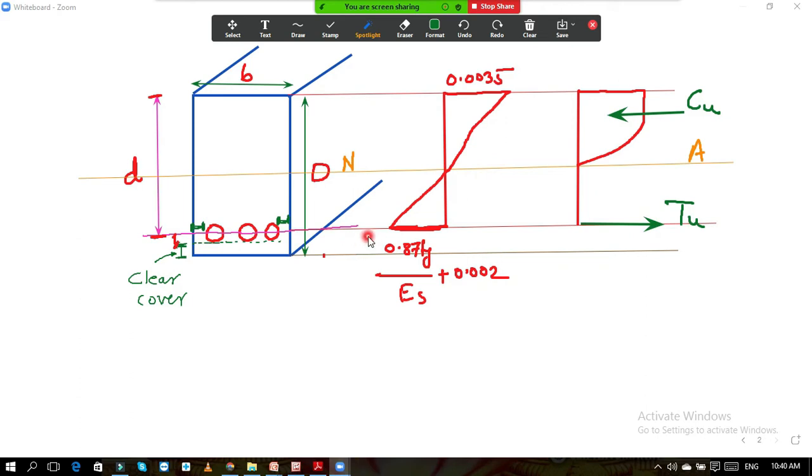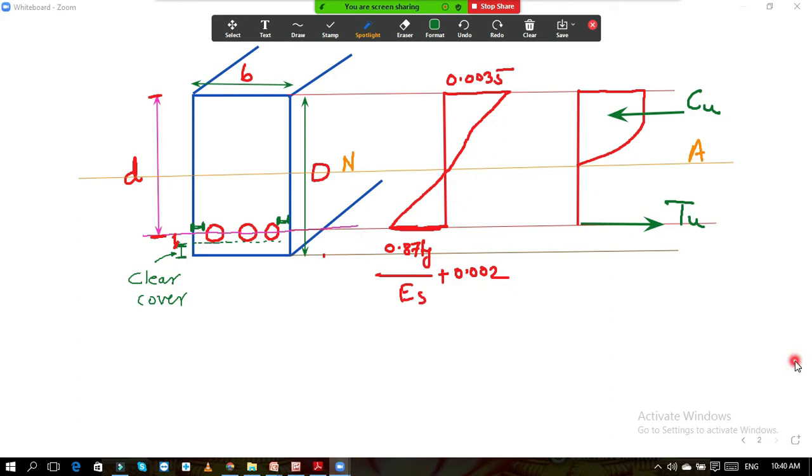So this is the introduction. This is your first unit introduction. With this, our first unit ends over here. This is the basic diagram of limit state which we have studied in this first lecture.